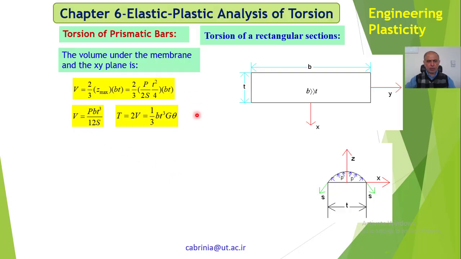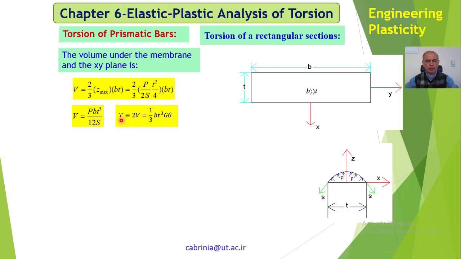So if we multiply all these together, we get the volume, p b t cubed divided by 12s.